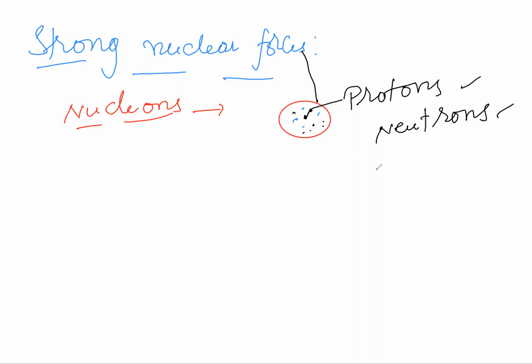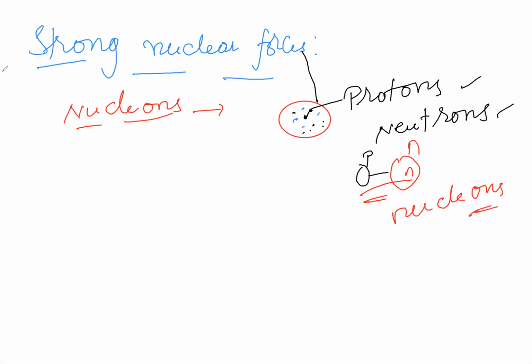So there is a strong nuclear force between this proton and this neutron, so that they can be bound. This strong nuclear force is responsible for the force acting between the proton and neutron. These are known as nucleons. Right? I think you understood.